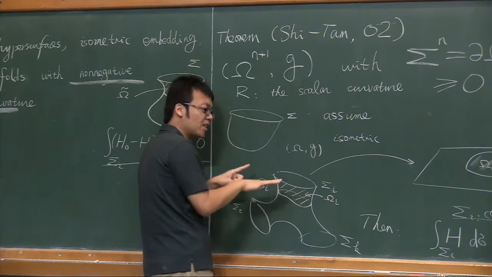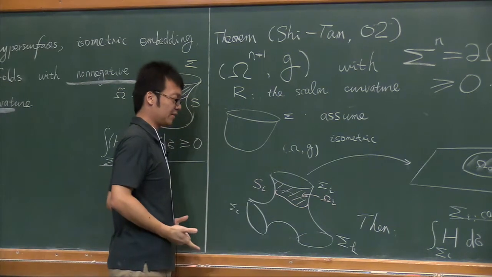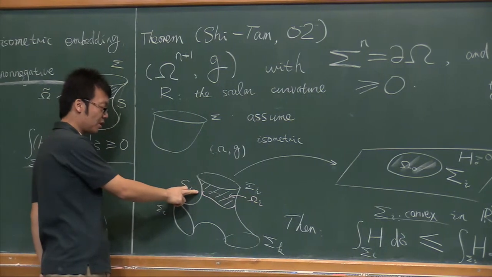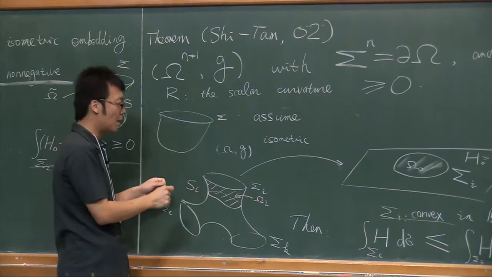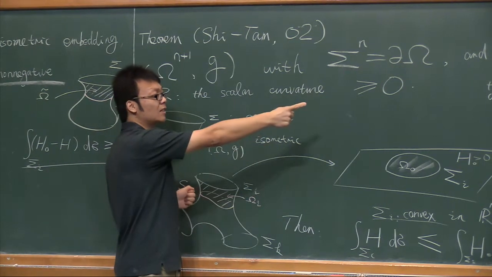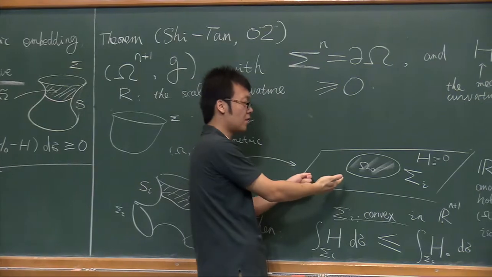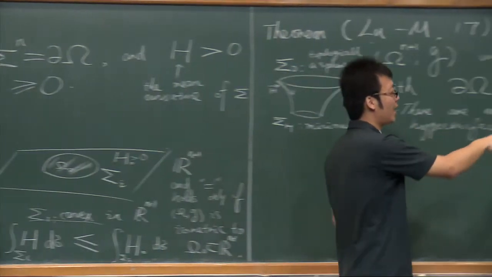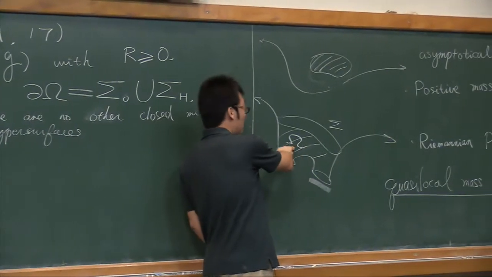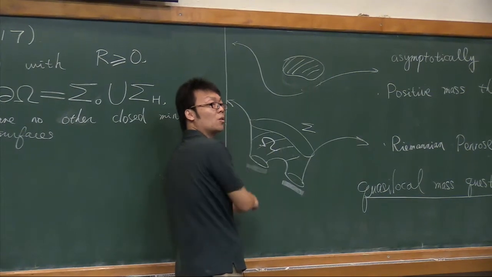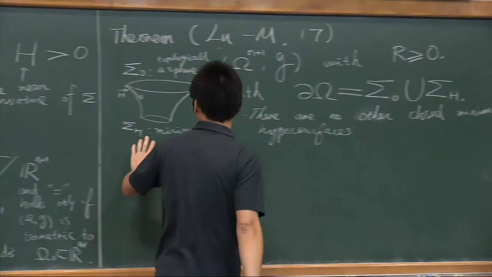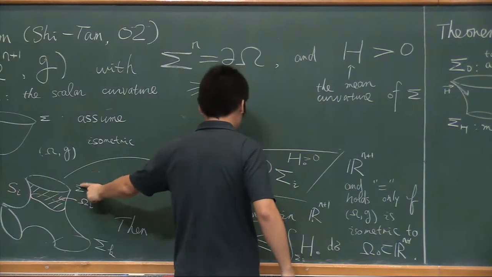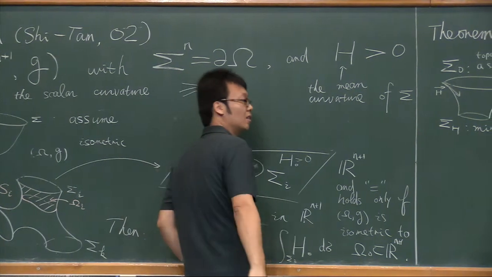So this theorem itself does not provide us information regarding sigma H. Now, in order to draw such information coming from sigma H, one wants to compare the given compact piece to a reference space, which instead of Euclidean space, naturally corresponds to the model of the Riemannian Penrose inequality, which is the so-called Schwarzschild manifold. So here is an assumption corresponding to the assumption in Shi-Tam's case, which says the boundary is isometric to a convex surface in Euclidean space.